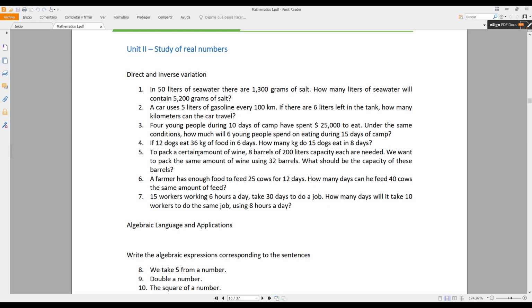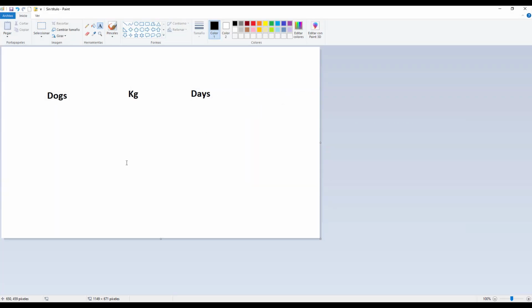We have 5 elements of data. This is a little hard, but you need to organize the information first. How? Again, you need to use a table.